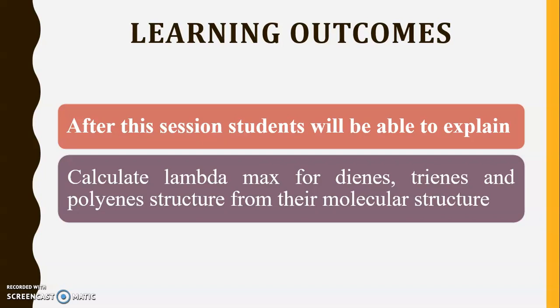One set is dienes, trienes and polyene substances, and the second set is the carbonyl compounds. Today we are going to discuss only dienes, trienes and polyenes. Regarding the carbonyl compounds, we will discuss that in another video.